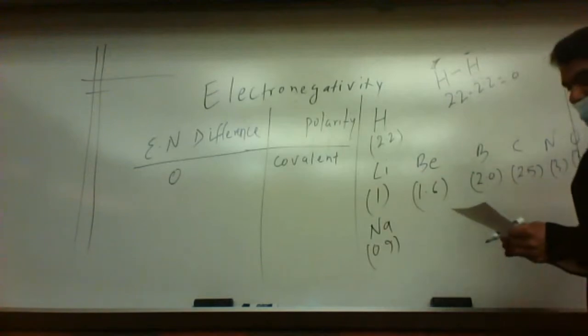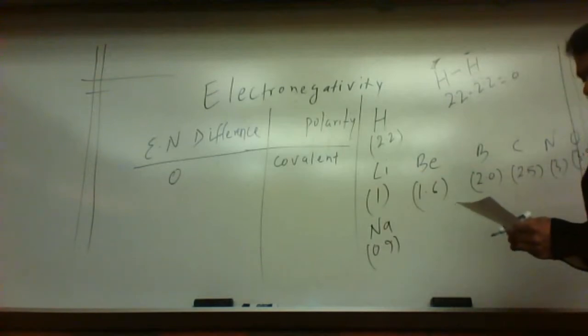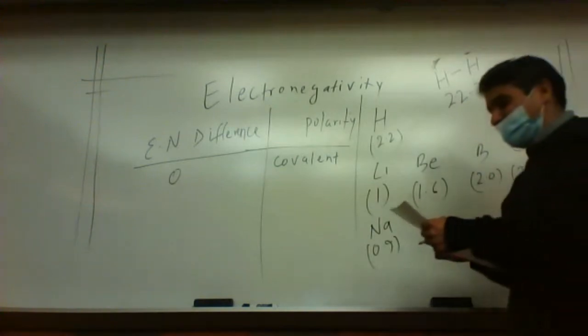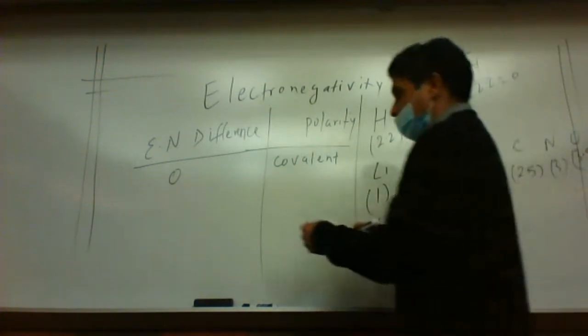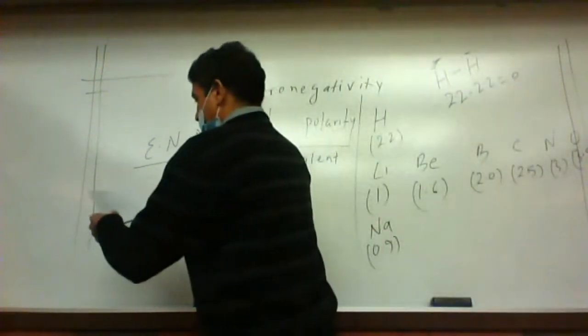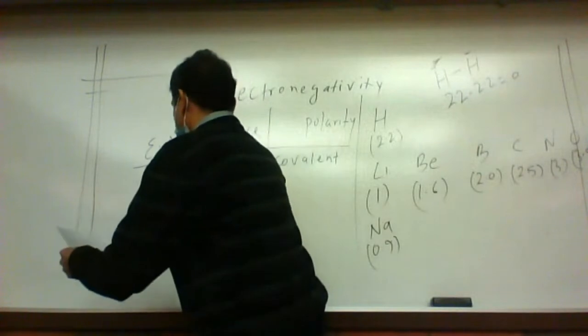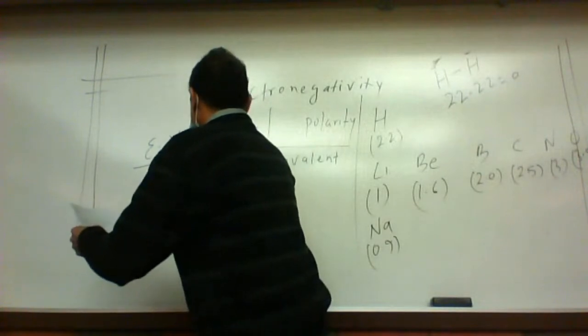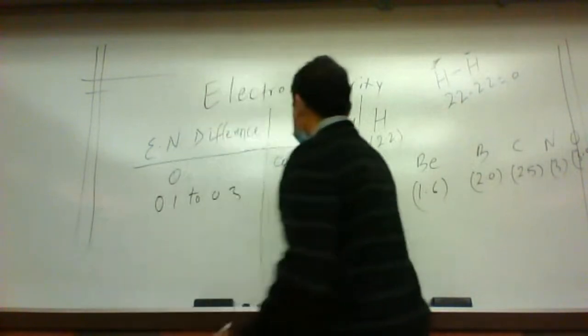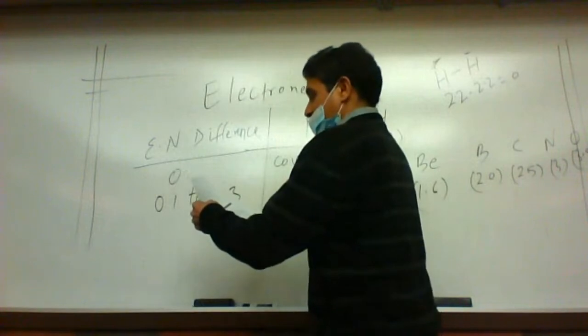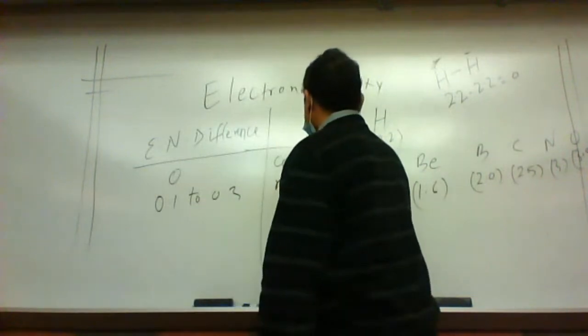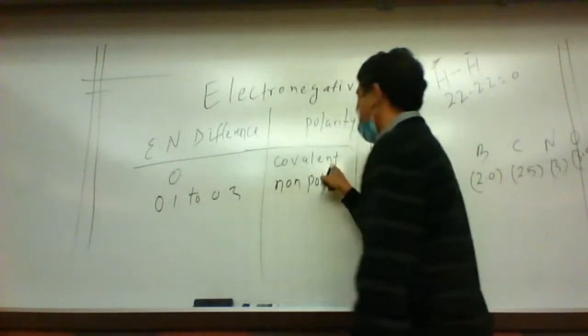Now, a difference of electronegativity between 0.1 and 0.3 indicates that the bond is non-polar covalent. So if the electronegativity difference is from 0.1 to 0.3, this is also non-polar. It's just like this one.